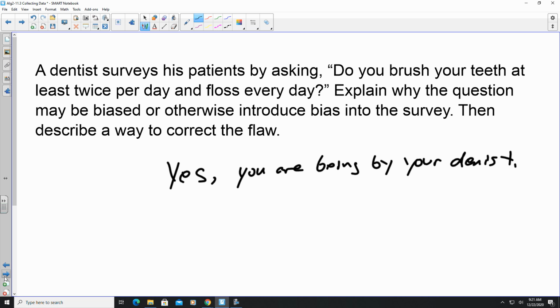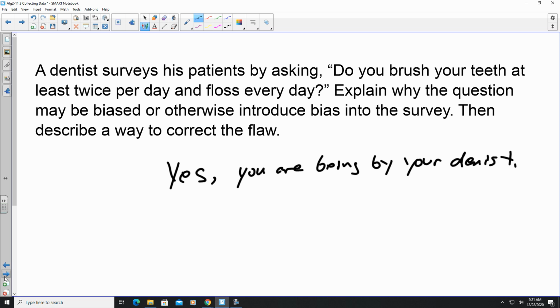So a way to correct this flaw is maybe to conduct a questionnaire where it's anonymous, if you're looking for statistical results.